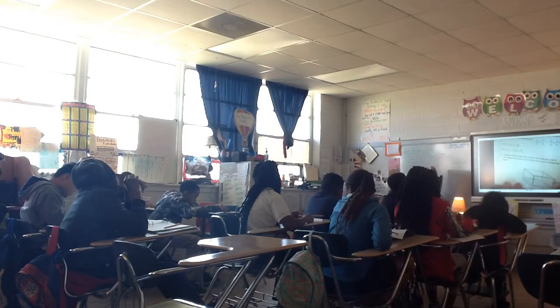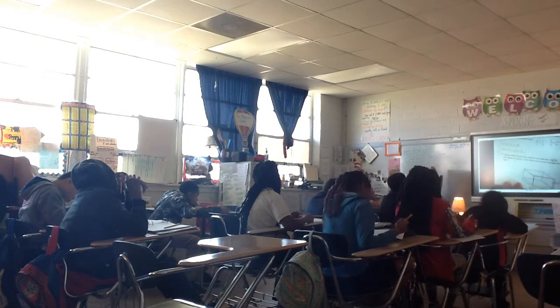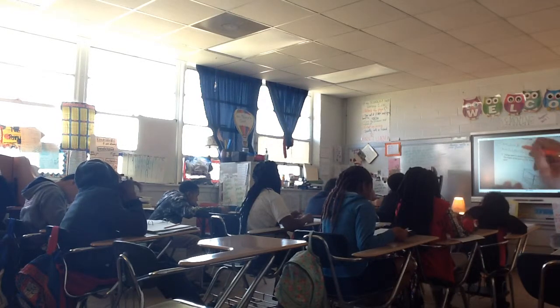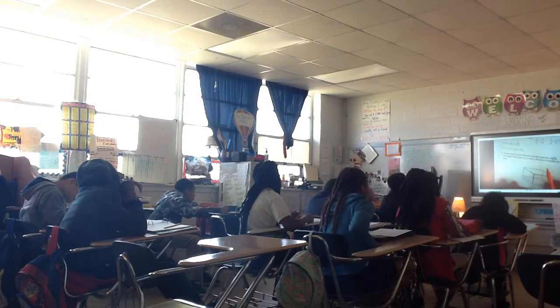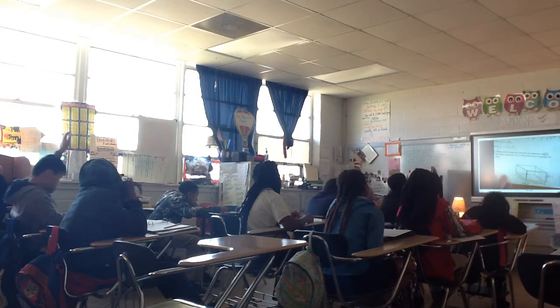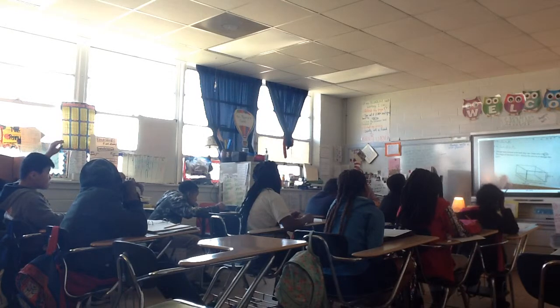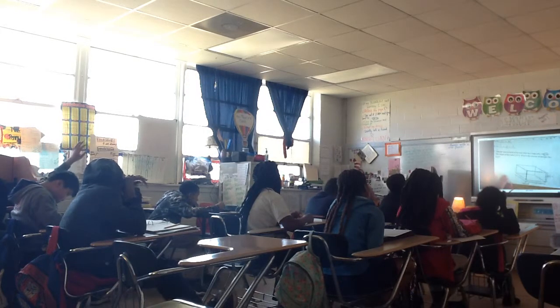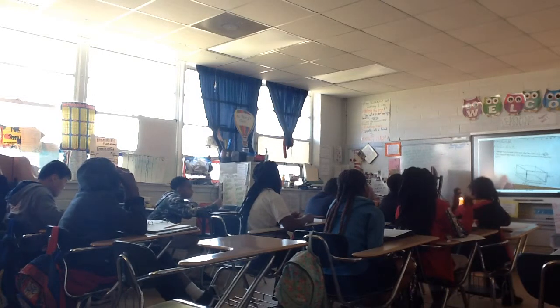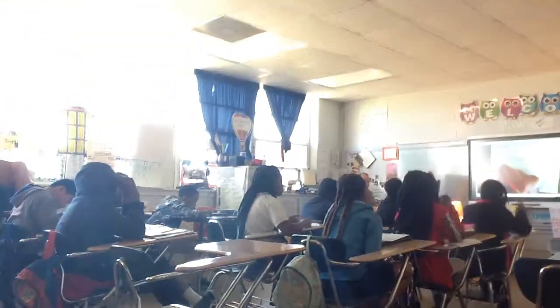I have a base area of 45 feet squared, right? The problem has already given us our area, length times width. So what do we need to do next? Multiply 45 times 22.